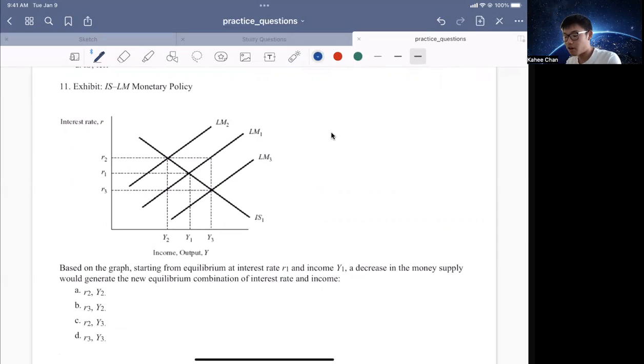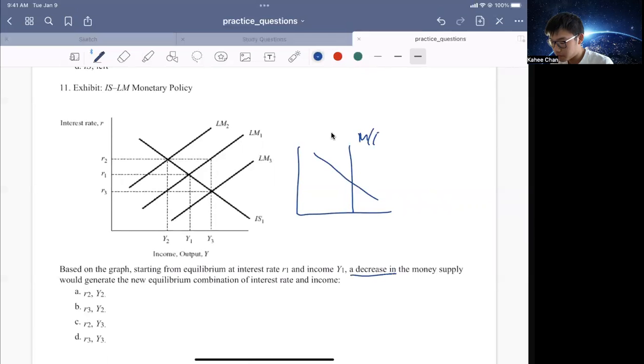Based on the graph, starting from equilibrium at interest rate R1 and income Y1, a decrease in the money supply would generate the new equilibrium combination of interest rate and income. So it's basically the graph question again. When there's a decrease in money supply, we always think about the theory of liquidity preference, right? The decrease in money supply shifts the curve to the left, which increases the interest rate from R1 to R2, right?